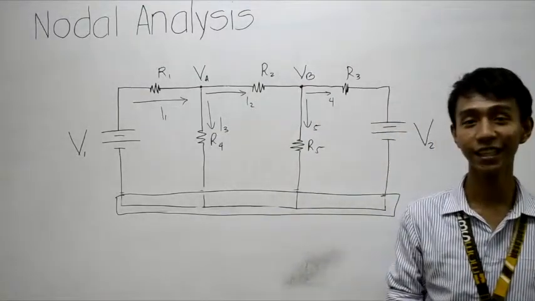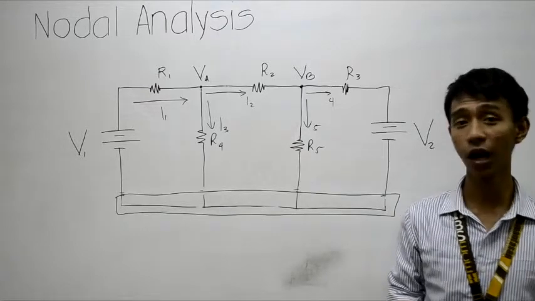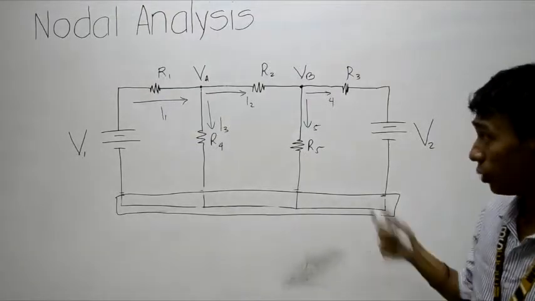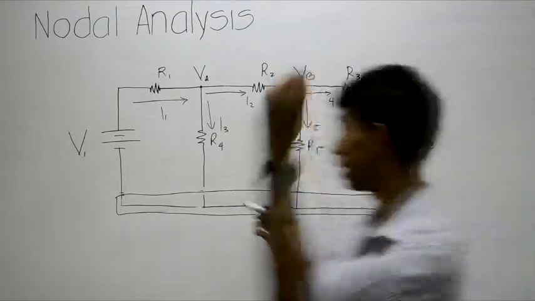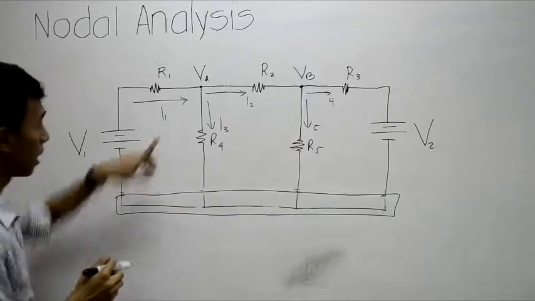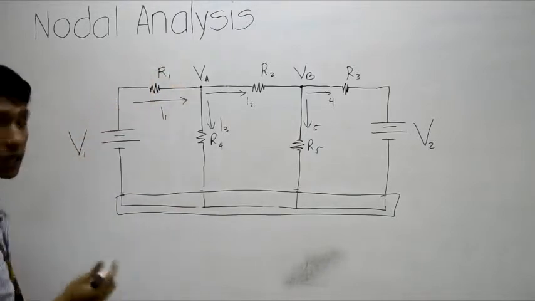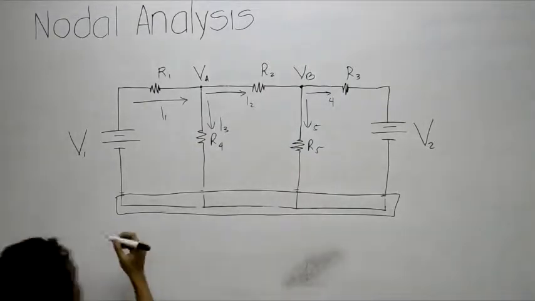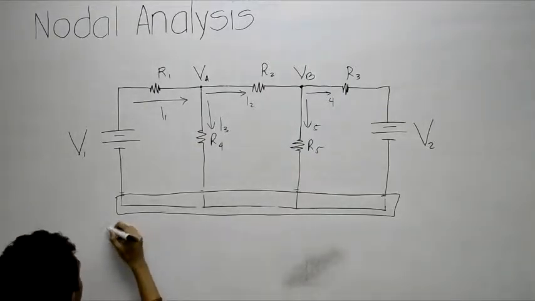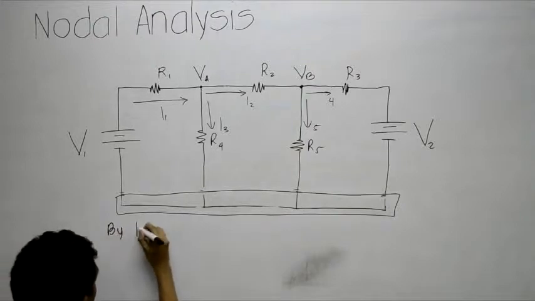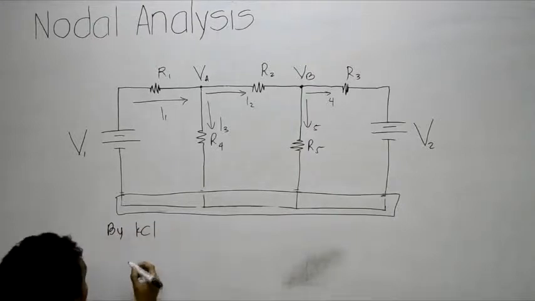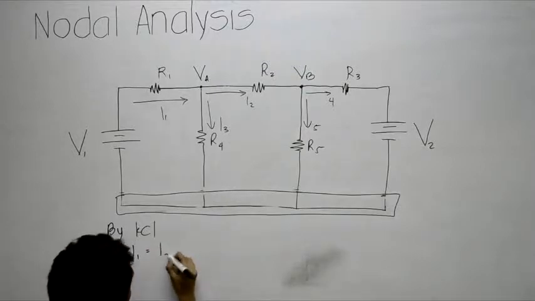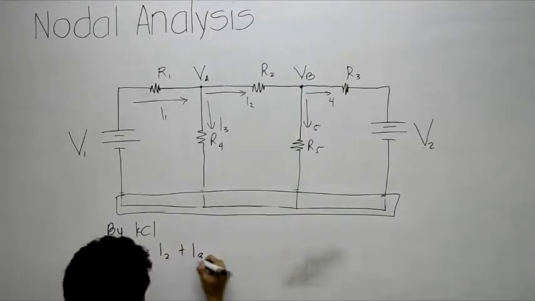So, finally, the last step will be the KCL. So, we will determine the voltage here. So, using KCL, let's write I1 is equal to I2 plus I3.